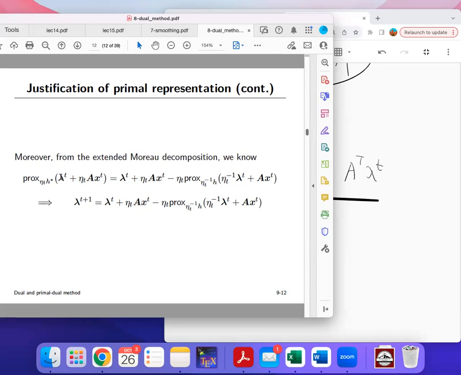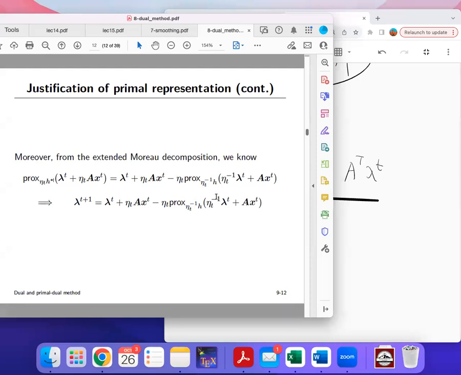If you view this as another parameter k, it is k minus the proximal mapping evaluated at this k. There are some parameters you need to pay attention to, but this is essentially the form of Moreau decomposition.